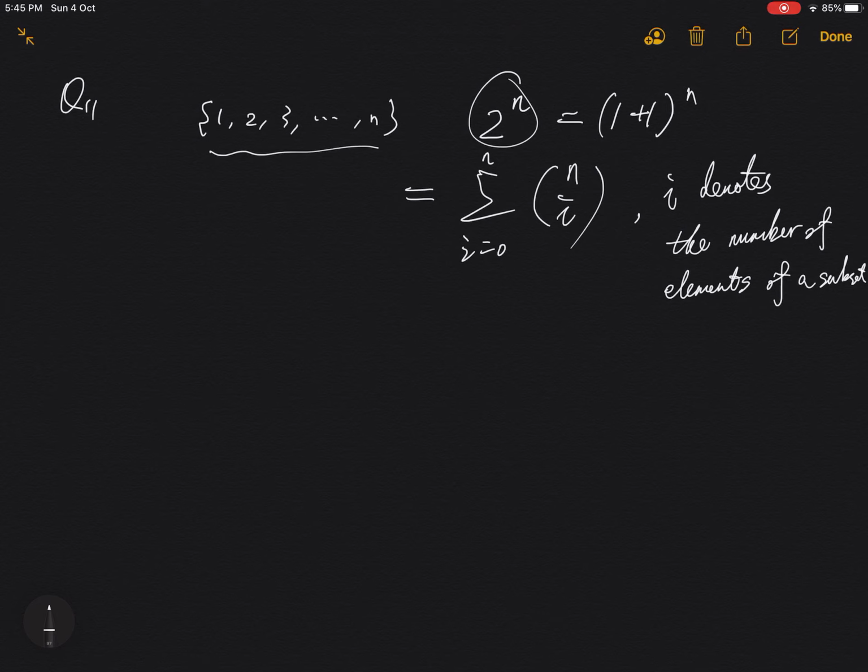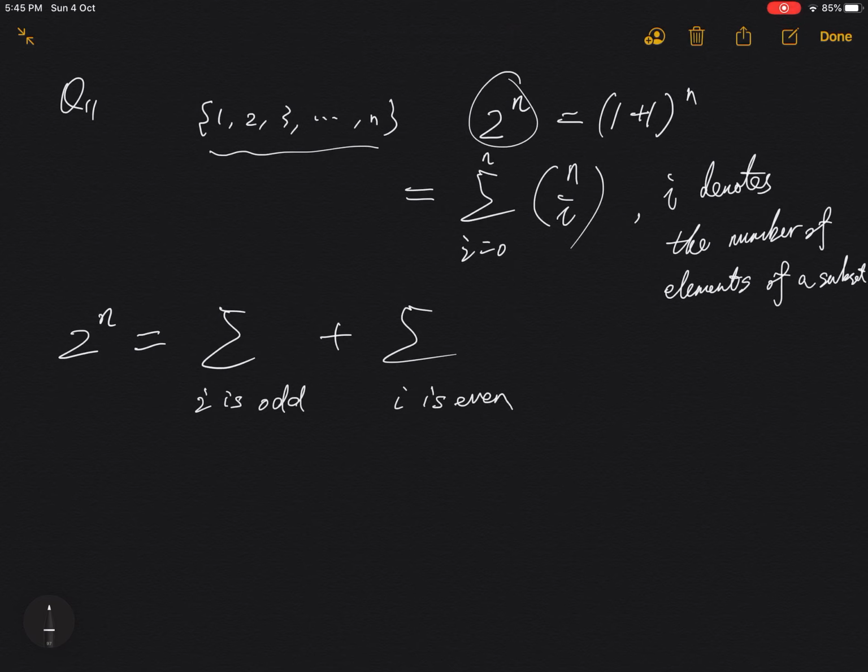So 2 to the power of n is split into two different situations: if I is odd, if I is even. That's a case to calculate the sum of when I is odd, and when I is even.